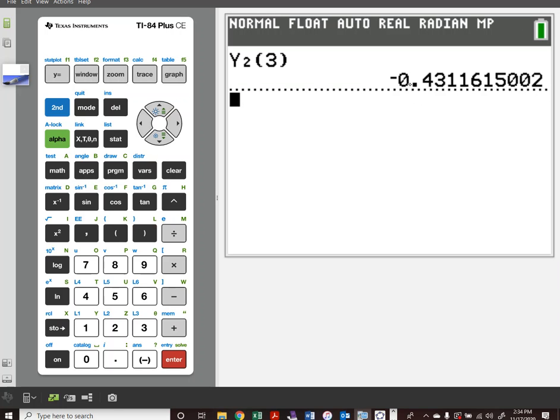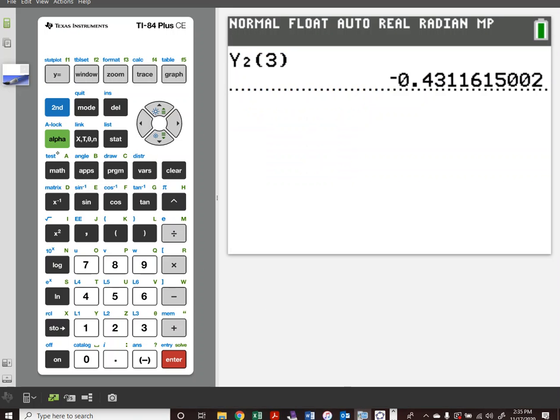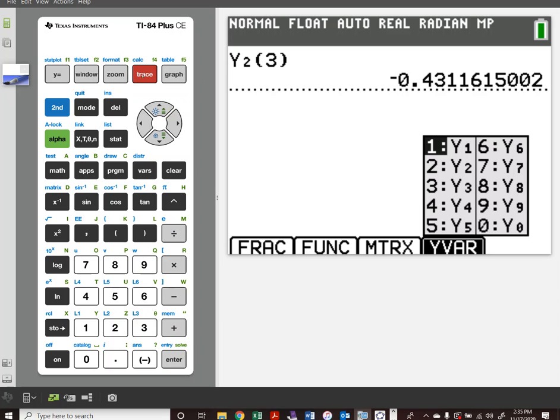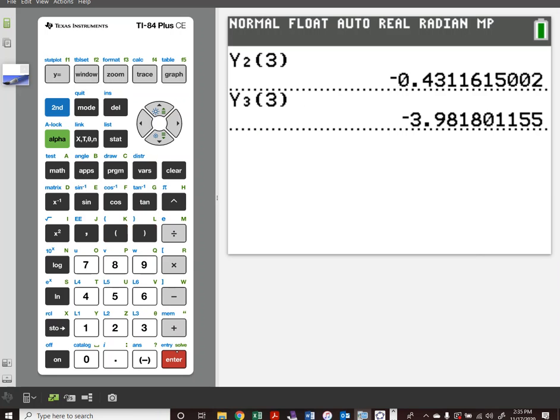And it gives us negative 0.431. Let's do the same thing with acceleration by going to the calculator, this time choosing the third function, evaluated also at 3. It gives us negative 3.982.